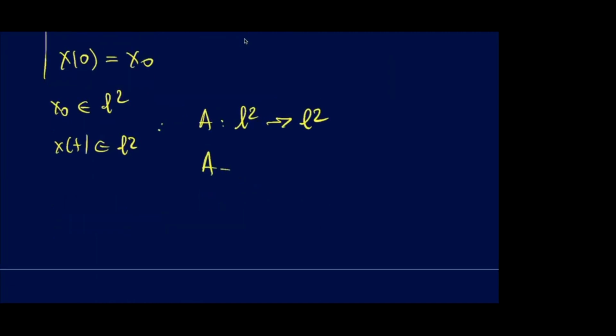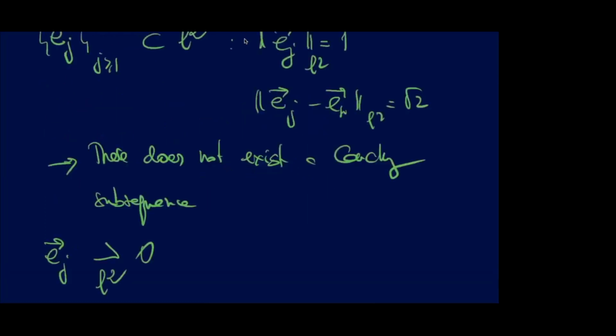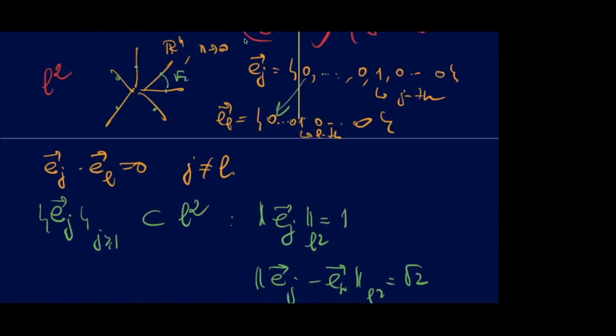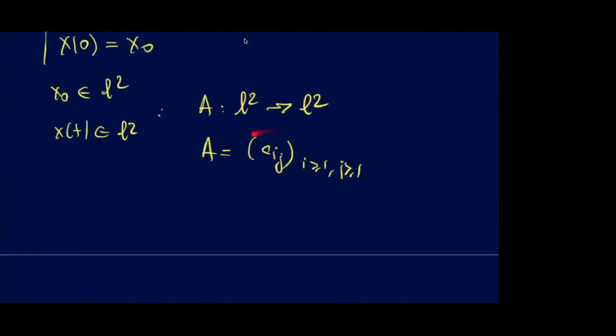It could be seen as an infinite matrix, right? Just the coefficients of this infinite matrix, so that you map a small L2 infinite vector into a small L2 infinite vector.